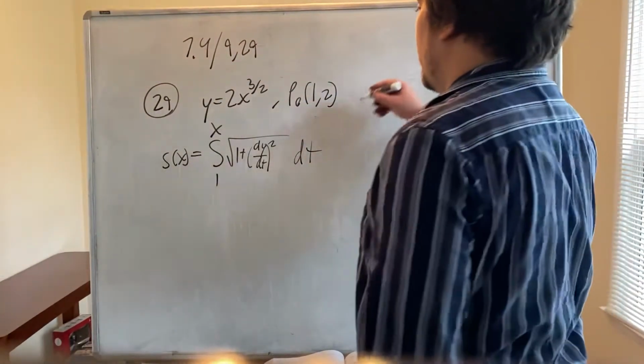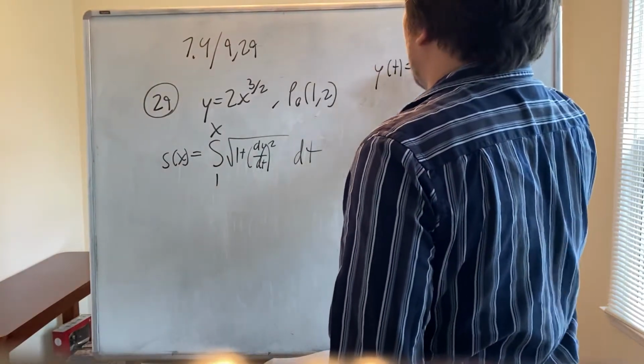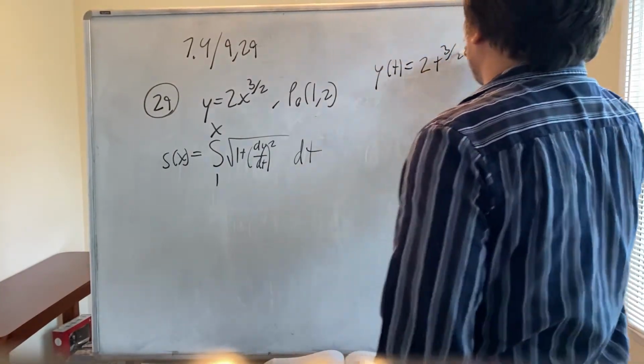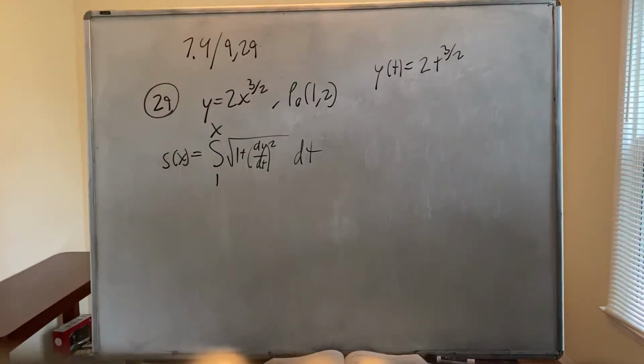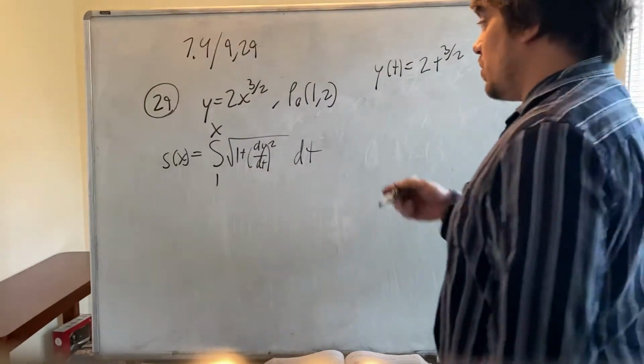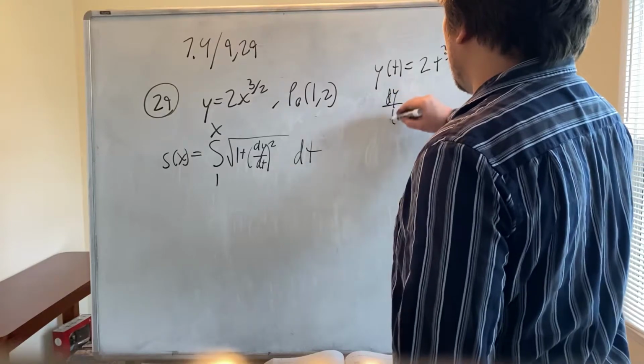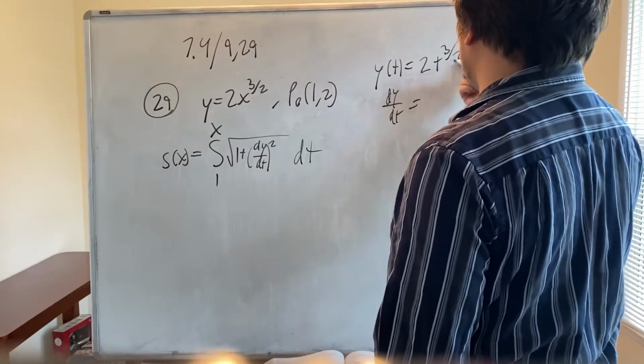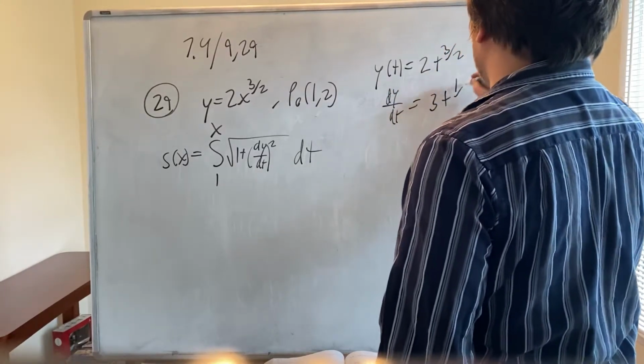Here you think of y as a function of t, so y of t is 2t to the 3/2. t is our dummy variable. So dy dt, deriving with respect to t, is 3t to the 1/2.